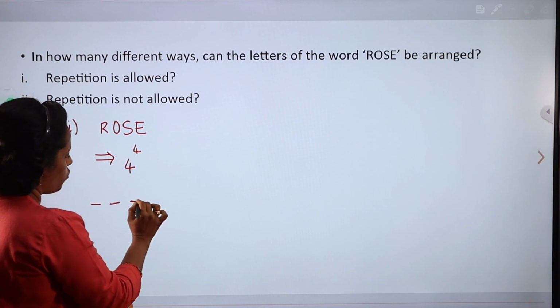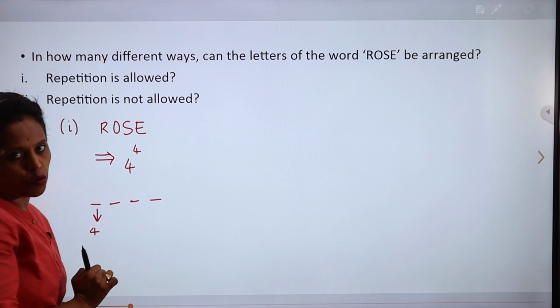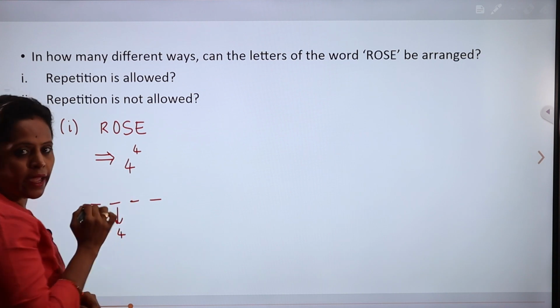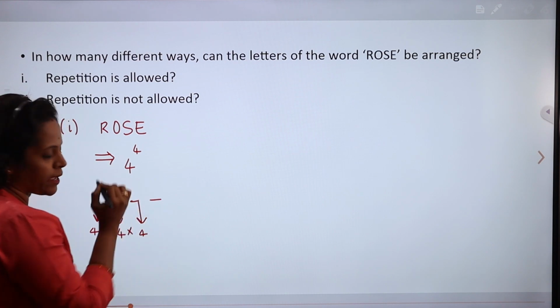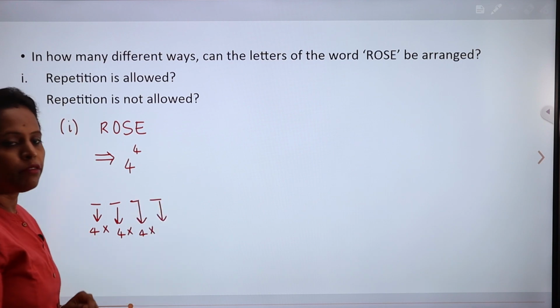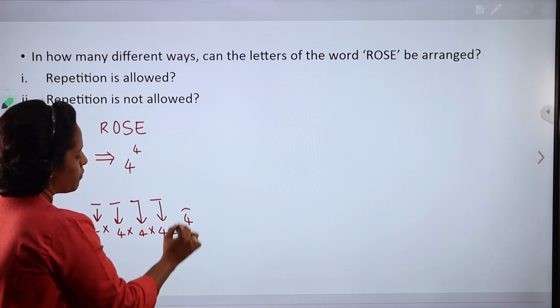Because if I take 4 blanks, the first one can be filled by any of the 4 letters. The second blank can be filled by any of the 4 letters because repetition is allowed. The third blank can be filled in any of the 4 letters. The fourth blank can be filled by any of the 4 letters, which is nothing but 4 power 4.